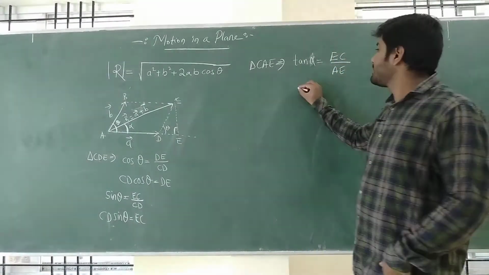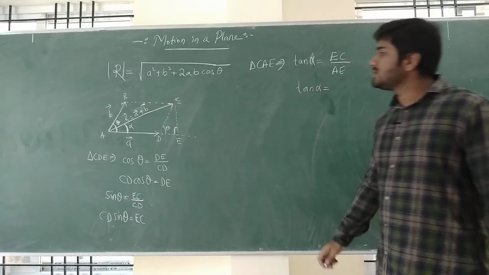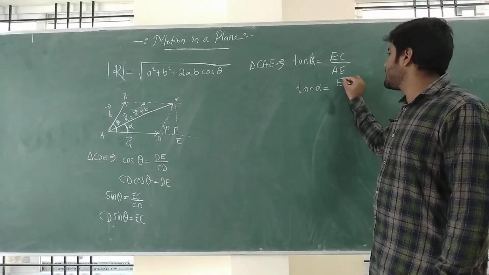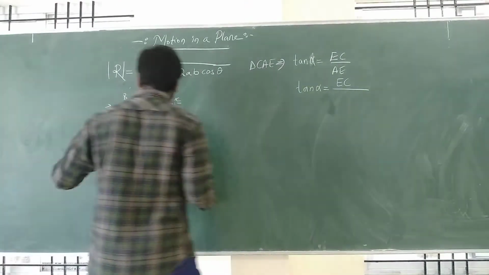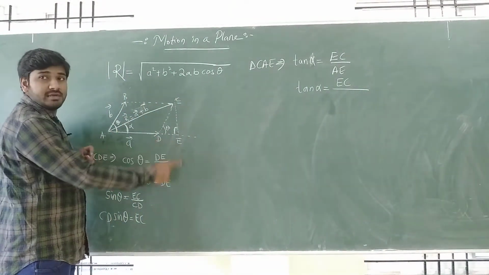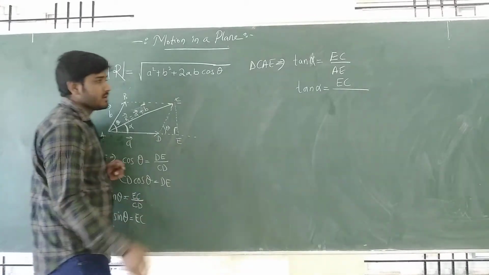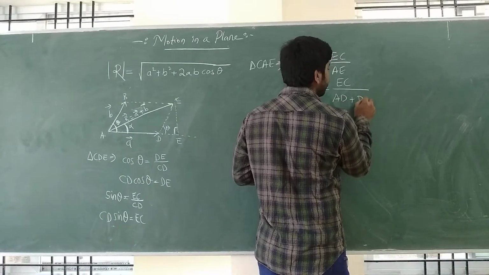Now come here. See here, tan alpha is equal to EC by AE. EC I will write same. AE is nothing but AD plus DE.